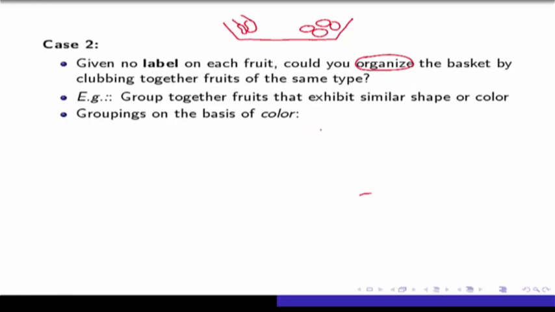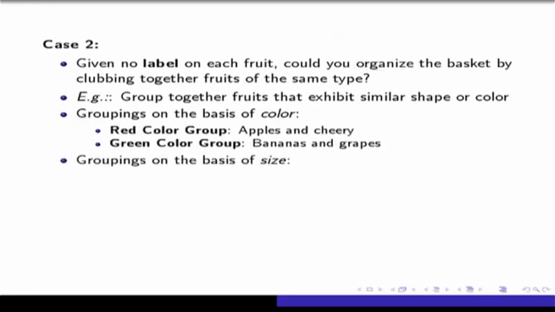So for example, if you were to group the fruits mentioned earlier on the basis of color, you would actually find that apples and cherry tend to come together because they are red, and bananas and grapes tend to be clubbed together because they are greenish.